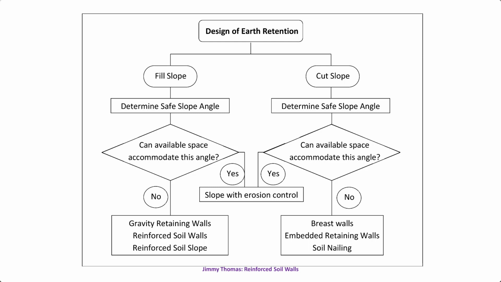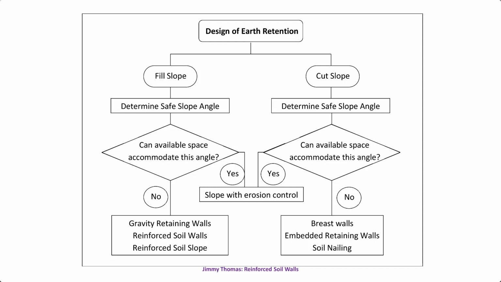Then coming to a cut slope, again we ask this question: determine the safe slope angle, and do we have sufficient space? If there is enough space to have a stable slope, then we go for only a slope with erosion control. But if the space is limited, then we go for either breast walls, which are commonly used, especially in hill roads.